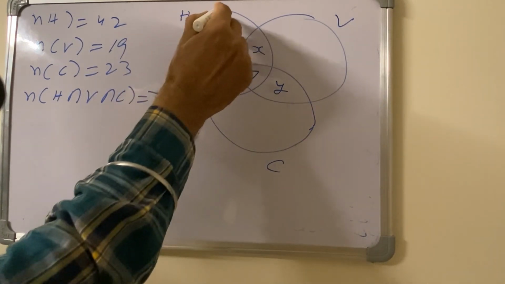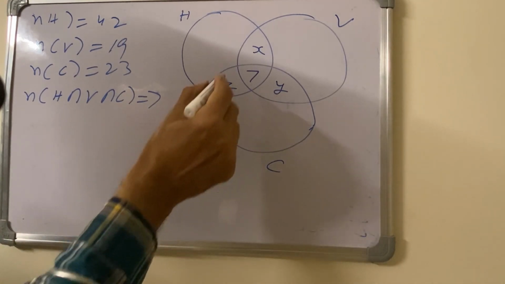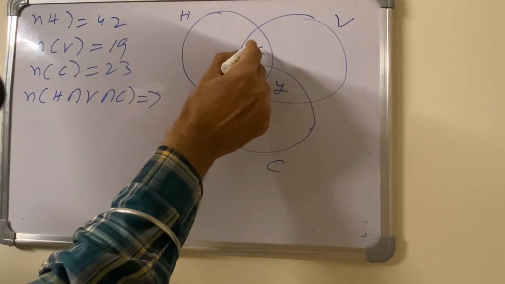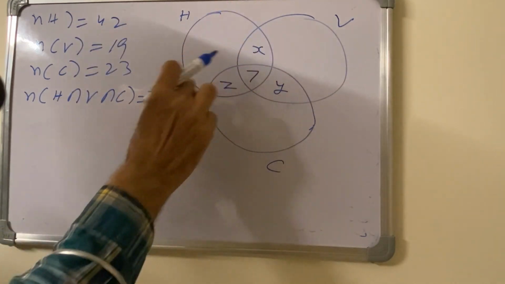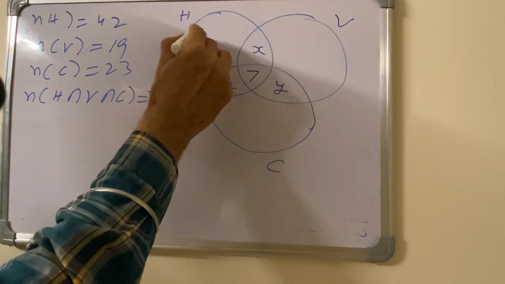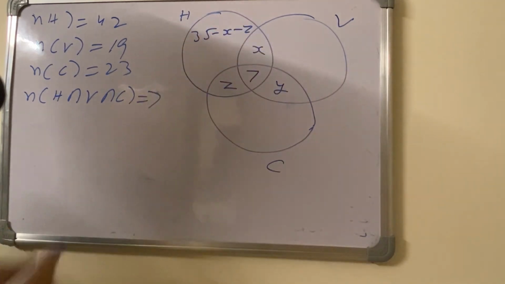So as we have seen, this whole hockey is 42. And when we subtract these x, 7 and z from 42, we get this only hockey. So this is 35 minus x minus z.